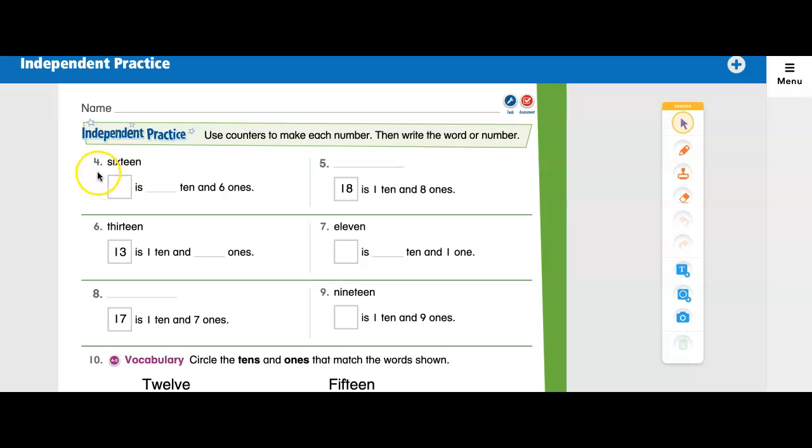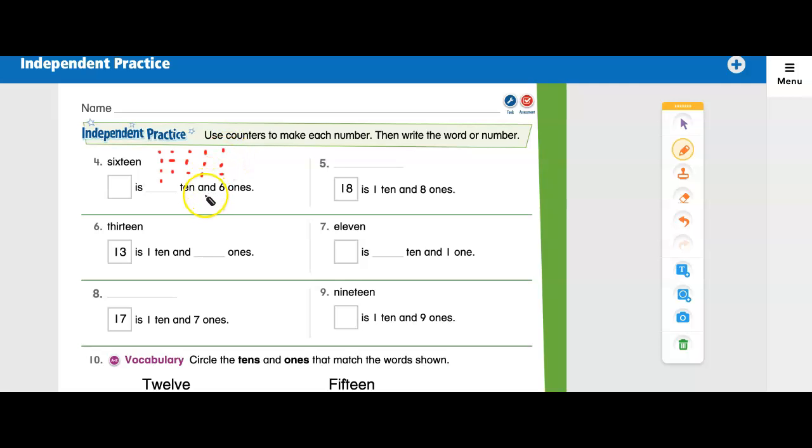For number 4, the number is 16. It wants you to write the number 16 in the blank and then tell how many tens it is made of. For number 4, if I make 16 dots to show the number 16, tell me how many tens did I use?